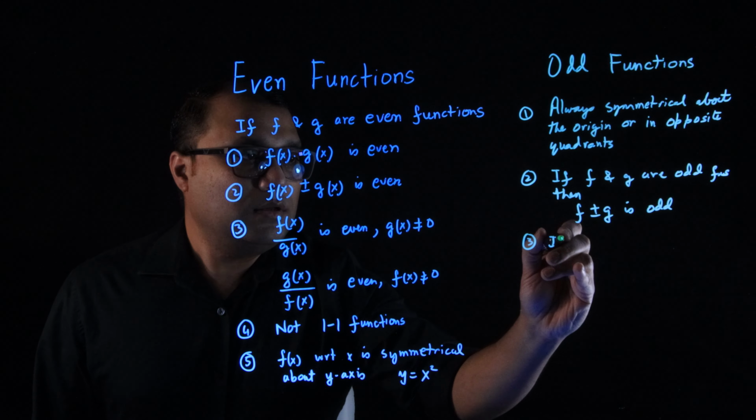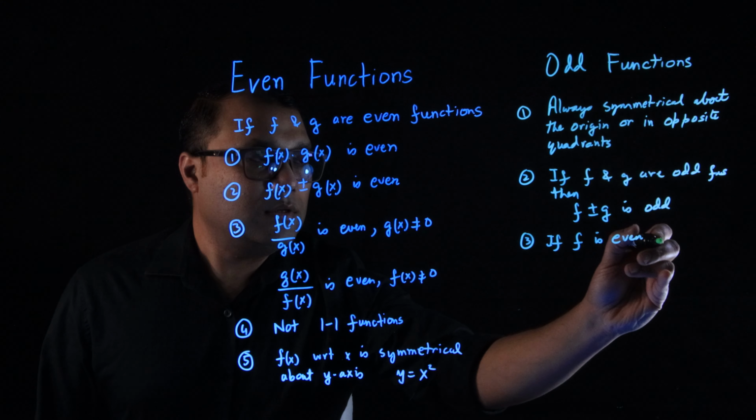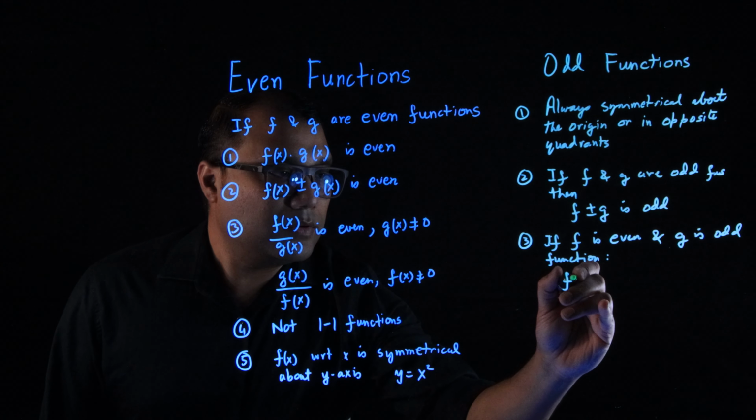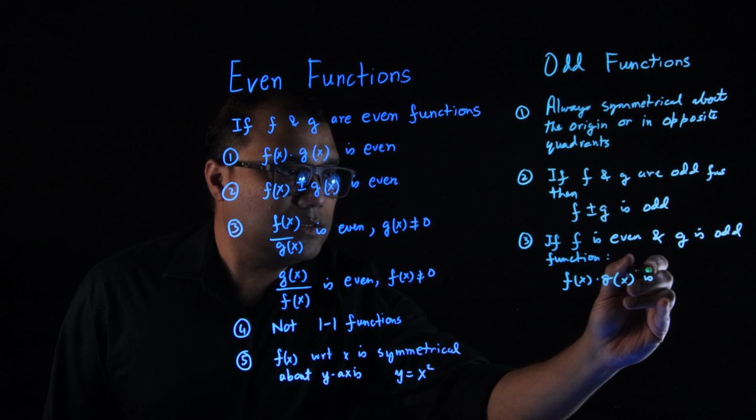If f is even and g is an odd function, then f x times g x is an odd function, as well as f x divided by g x is an odd function, provided g x is not equal to 0.